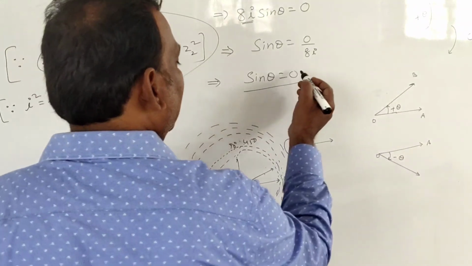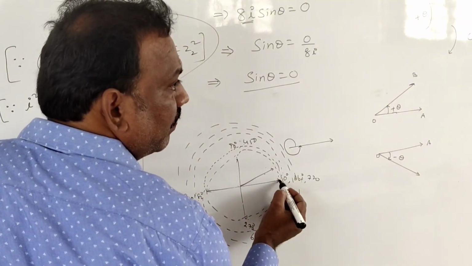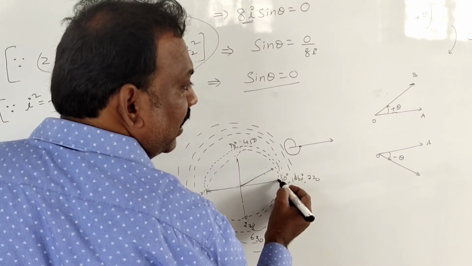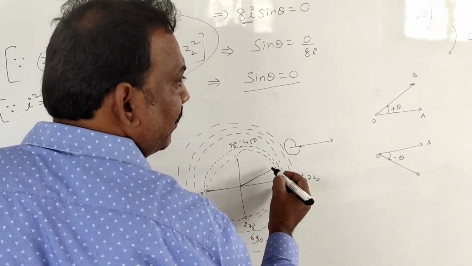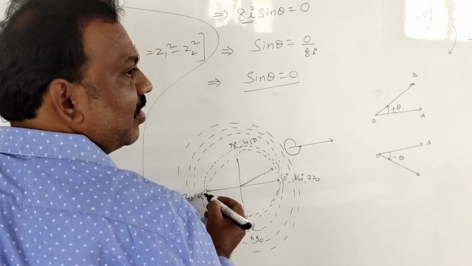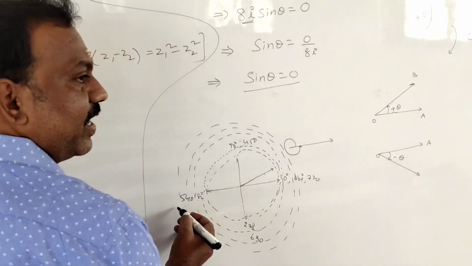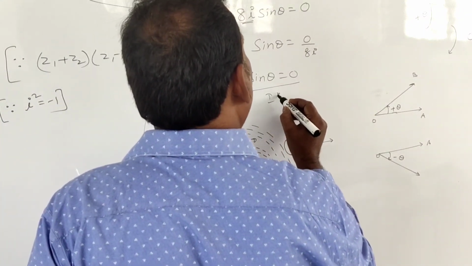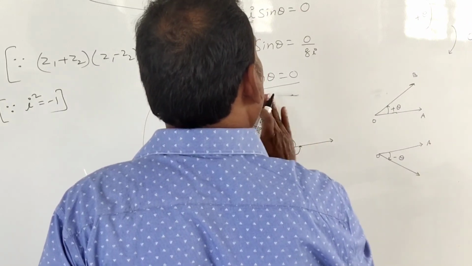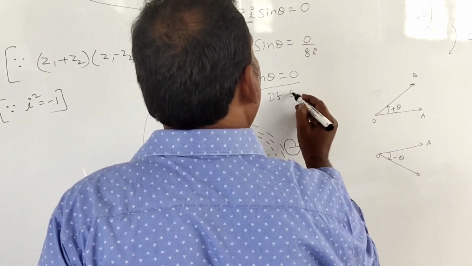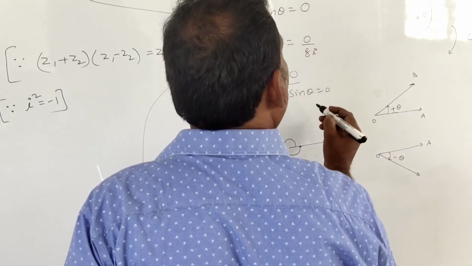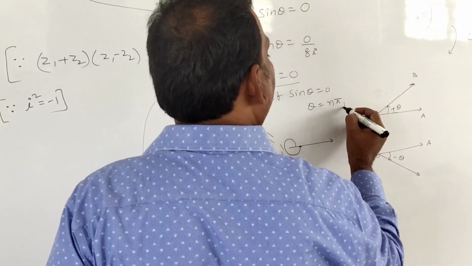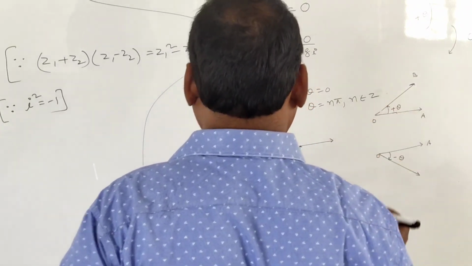So sin theta is 0 means sin 0 is also 0, sin 360 is also 0, sin 720 also 0, sin 180 also 0, sin 540 also 0. It goes on like that. That's why we write that if sin theta is 0, theta is equal to n pi, n belongs to Z. What does it mean?